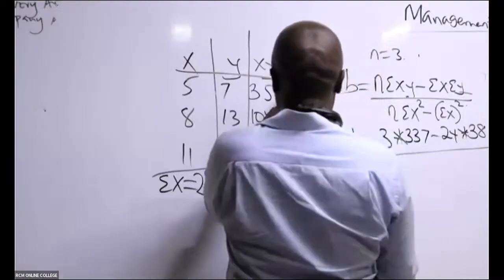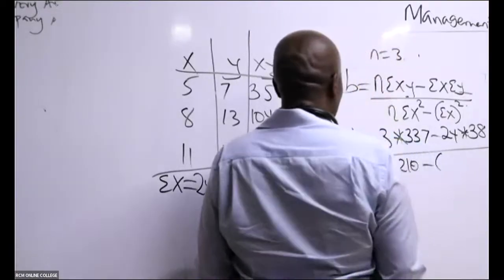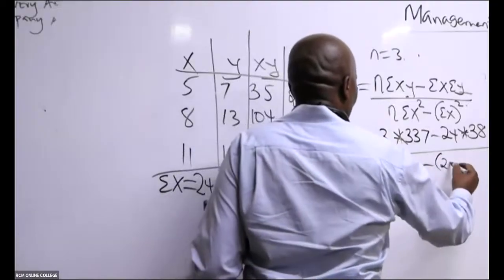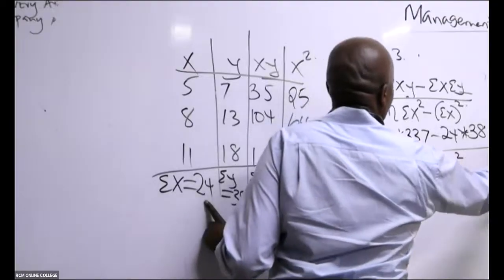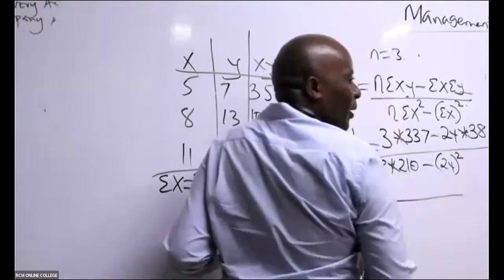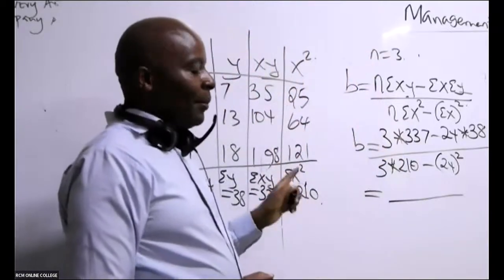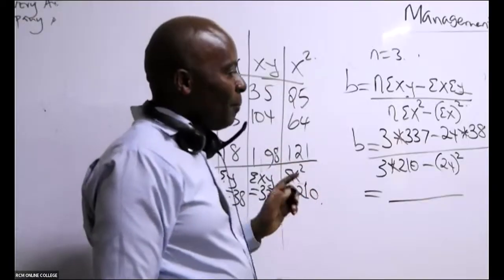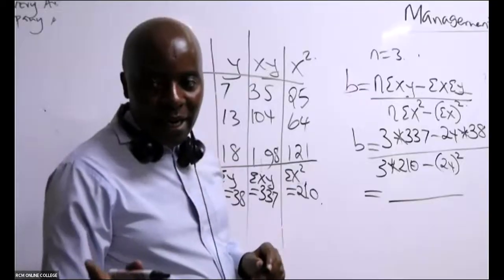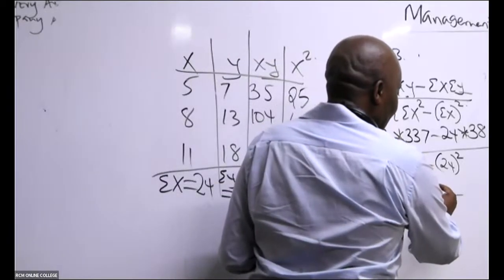N is 3. Sigma x squared. What is our sigma x squared here? 210 minus, in brackets, the sum of x, which is what here? 24. And then we square. So go ahead and give me the numerator. Please carry out the numerator alone. So 3 times 337 minus 24 times 38. 99.